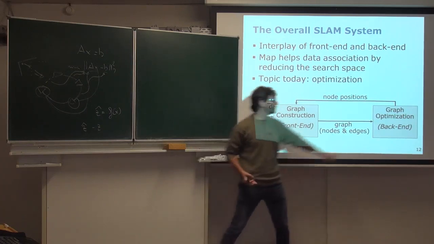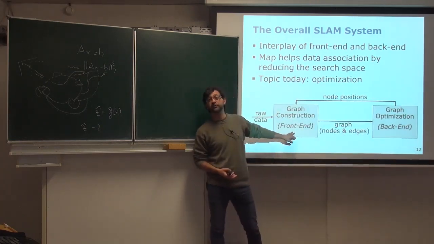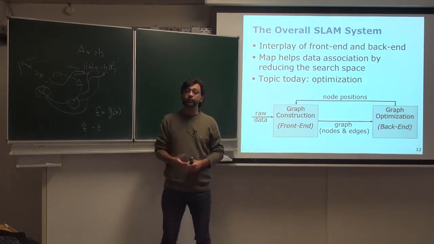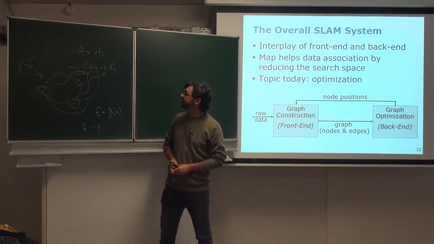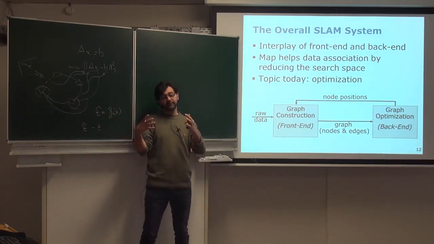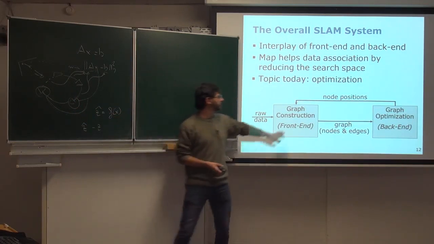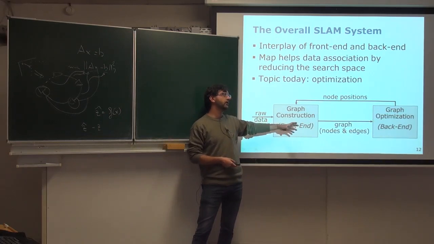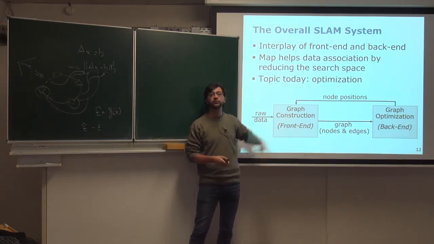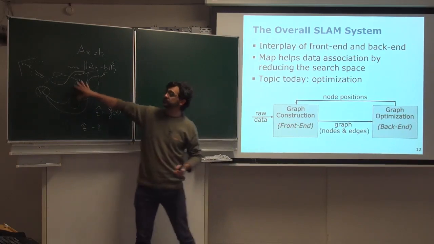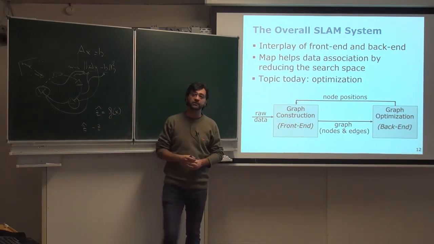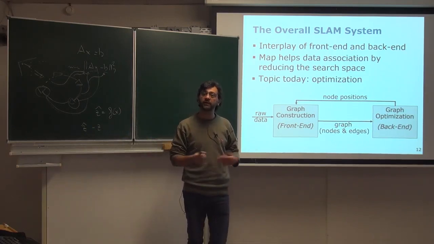Of course, the backend needs a graph from the front end, but sometimes the results of the graph optimization can also be used by the front end to improve its results, because if you have something close to the optimal solution, you can use effective heuristics in the front end to make sure that the connections that you build are consistent, are good connections, their measurement is computed correctly, and so on.